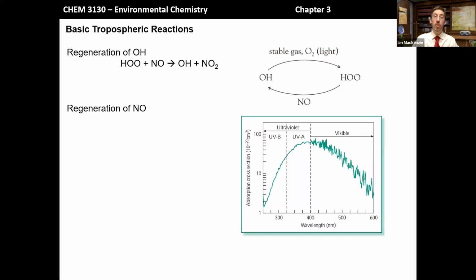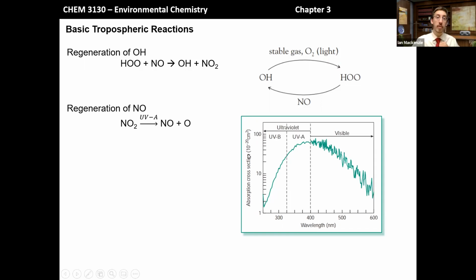And so it turns out that we can actually regenerate nitric oxide as well. So NO2, if we look at its absorption spectrum, what we notice is it absorbs UVA and UVB light and even out into the visible region. And UVA light, you'll remember, is not blocked by the ozone layer, and so this penetrates down to ground level and so into the troposphere.